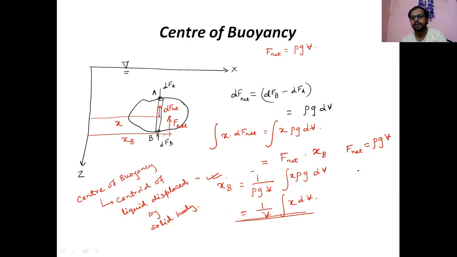So where will it be at? At the center of gravity of the displaced liquid. That is it. This is known as the center of buoyancy. The center of buoyancy is nothing but the center of gravity of the liquid displaced by the solid body which is immersed in the liquid. That's why we are defining it here. So the concept is here.